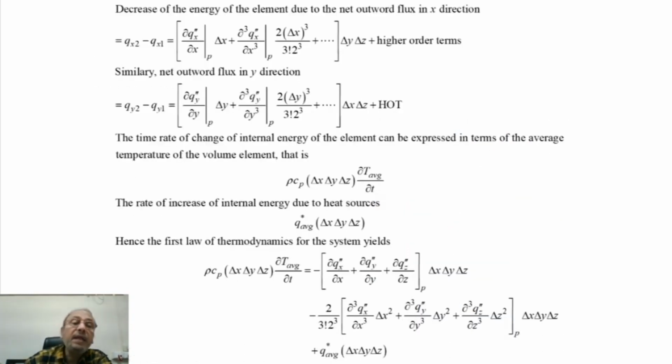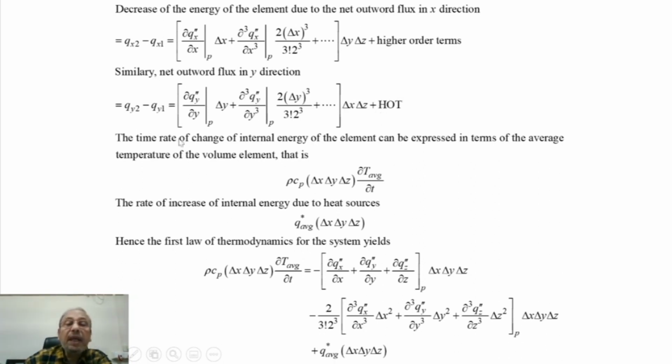So we can write del y of qy double prime at point P into delta y plus del y3 of qy double prime into twice delta y by 2 cube by factorial 3 into delta x into delta z plus higher order terms.